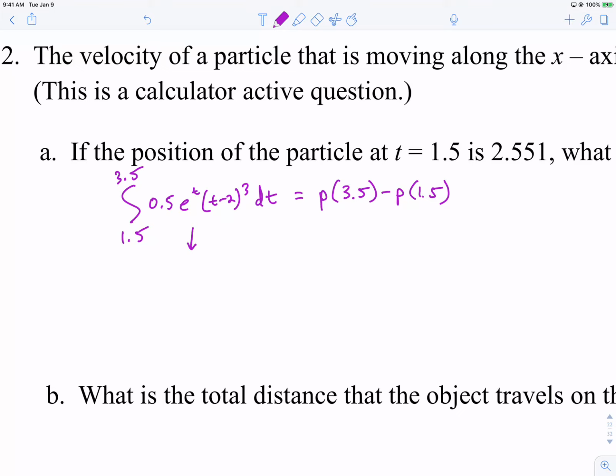That value comes out to be 15.919. And then p of 3.5 minus p of 1.5 was 2.551. So if we solve for p of 3.5, we end up getting 18.470.